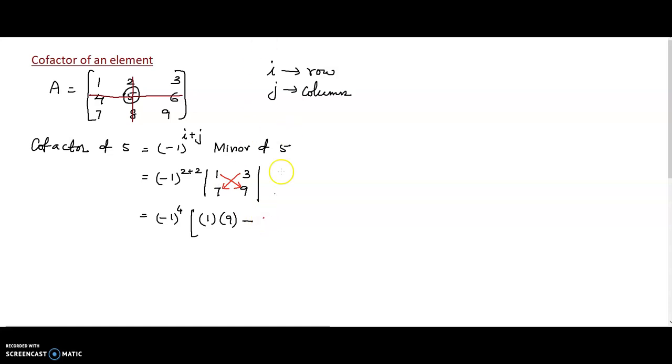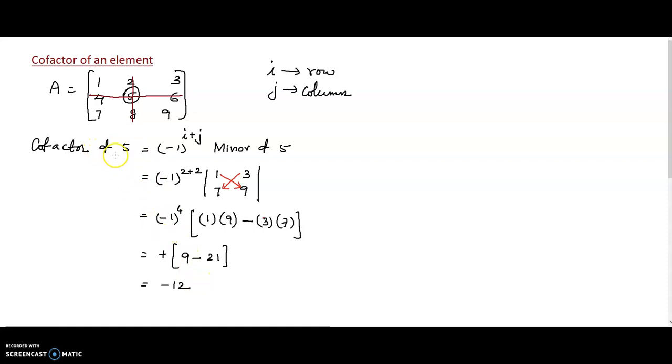This will give us the minor. Minus 1 power 4, if you multiply 4 times, this will become plus. Then we have 1 into 9 is 9, minus 3 into 7 is 21. 9 minus 21 is equal to minus 12. So the cofactor of 5 is minus 12.